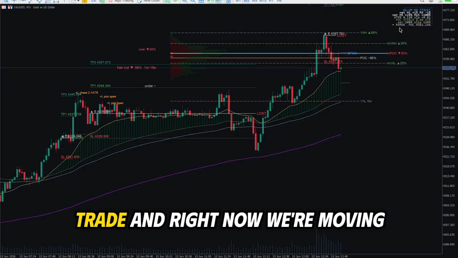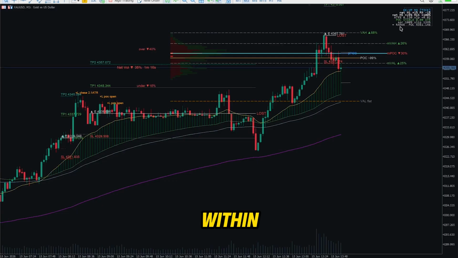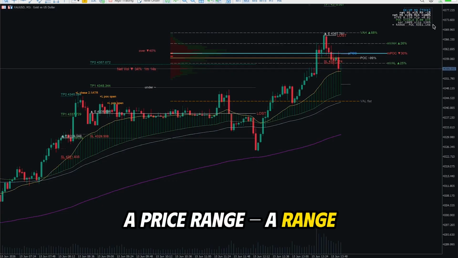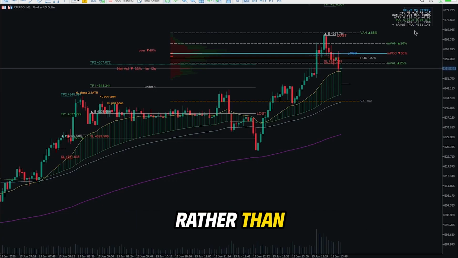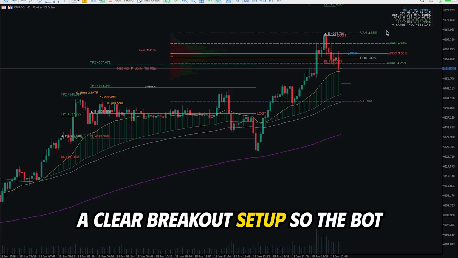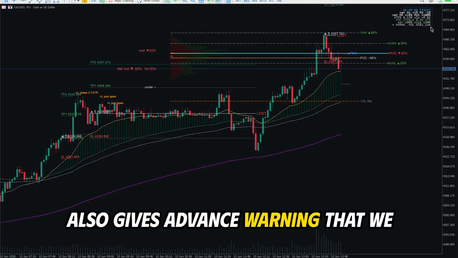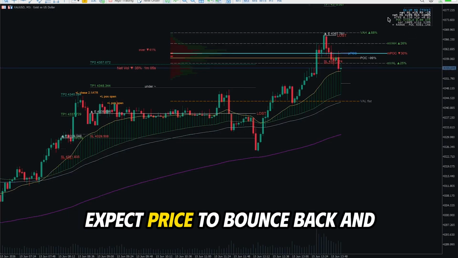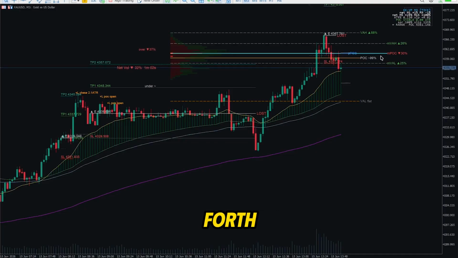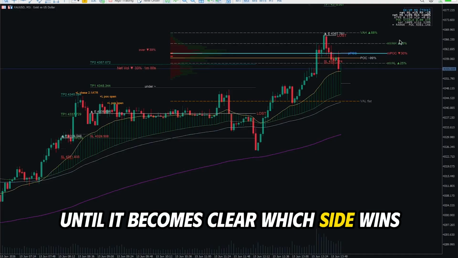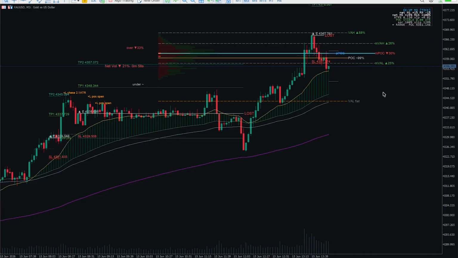Usually when the bot sees numbers like this, it won't enter a price range rather than a clear breakout setup. So the bot also expects price to bounce back until it becomes clear which side wins.